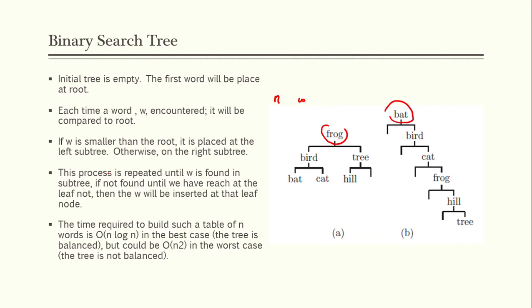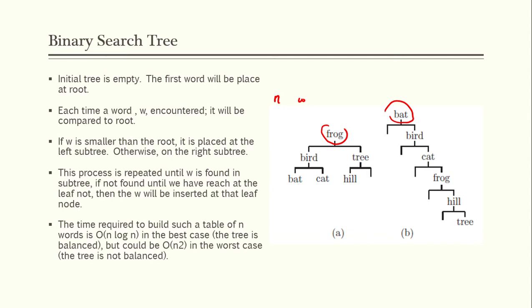So how does it work? If W is smaller than the root, it is placed in the left subtree. How do you know? If it is a number, we know whether it is smaller or greater. But if it is a form of letter, how are we going to know whether it is smaller or bigger? It will be based on the ASCII code, the ASCII number.